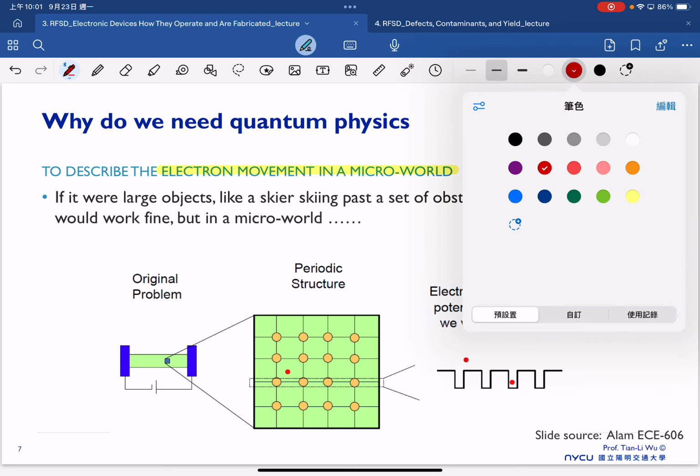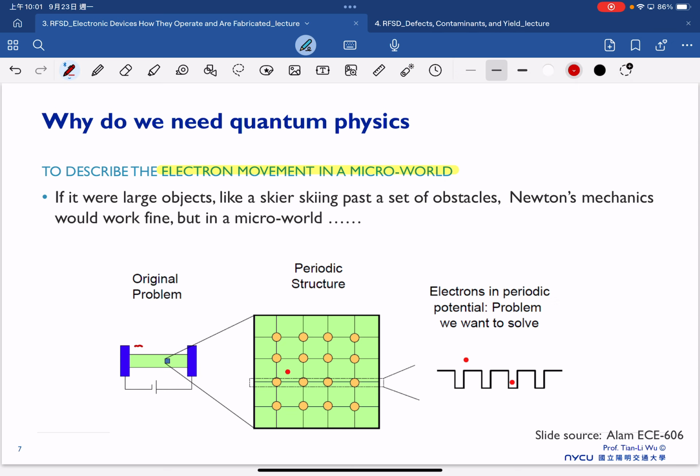If an electron tries to move from the left to the right in the semiconductor material, what situation will this electron face, and how can we understand its behavior?